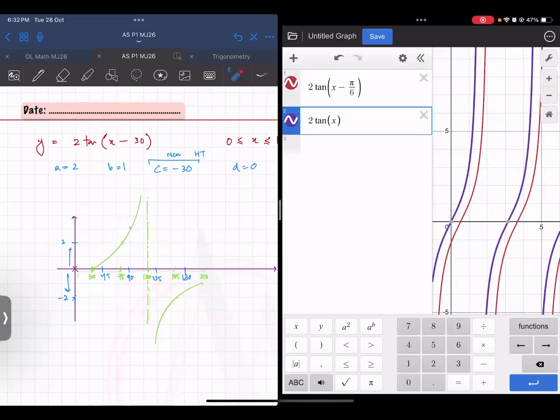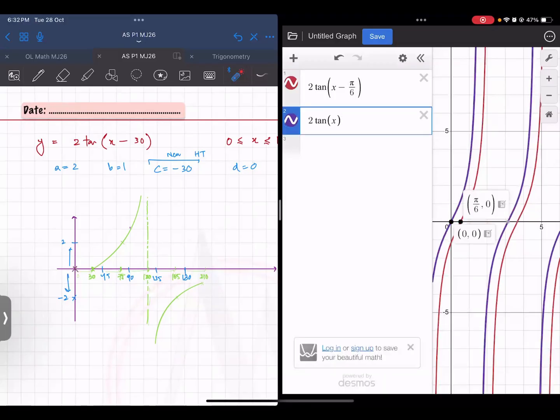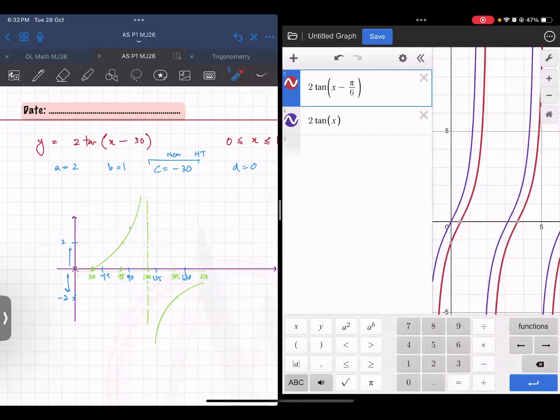The blue graph is the 10x minus 30, and you can see the complete graph has moved 30 units, pi by 6, to the right side.